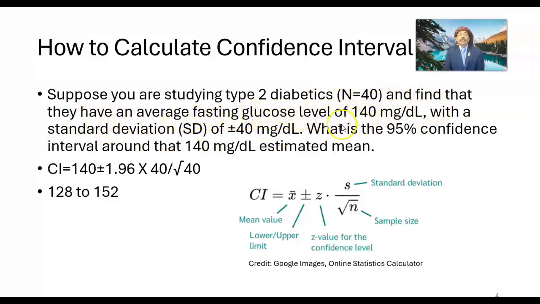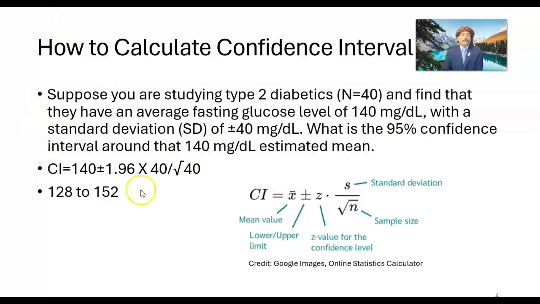We find that they have an average fasting glucose level of 140 milligram per deciliter with a standard deviation of 40 milligram per deciliter. What is the 95% confidence interval for that 140 milligram per deciliter estimated mean?